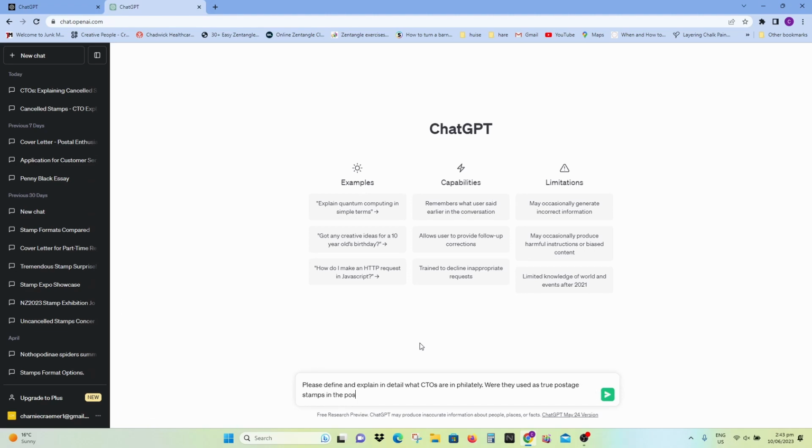Stamps in the postal systems of countries. What can you also... Okay, or CTOs, cancellations, sometimes printed. I wondered whether this is true.